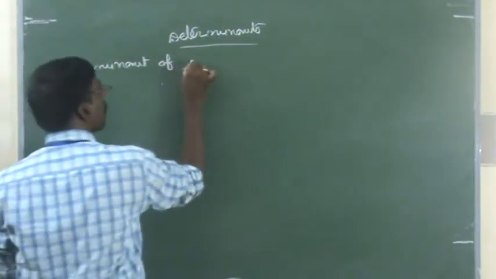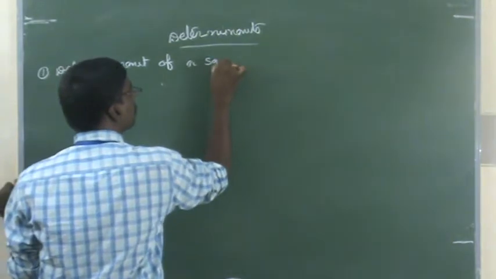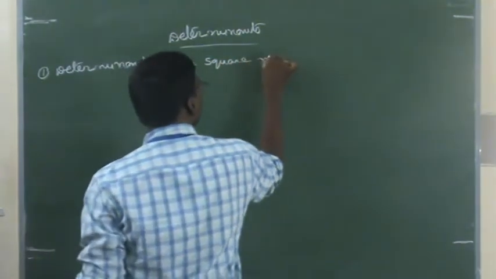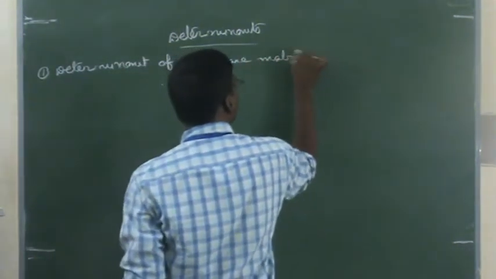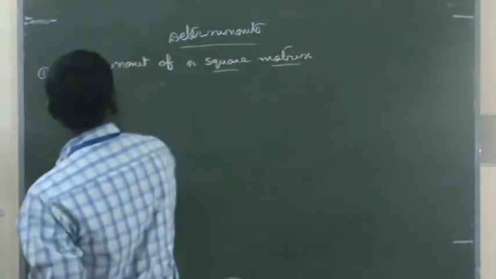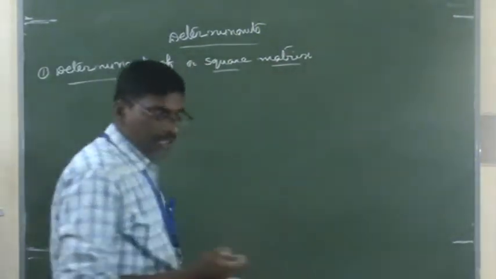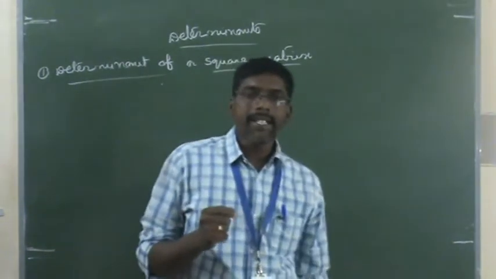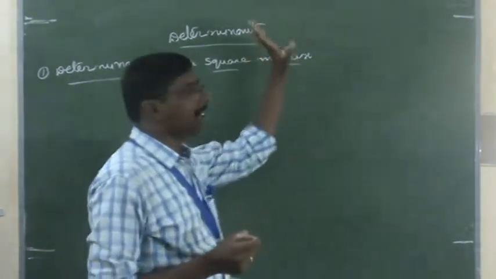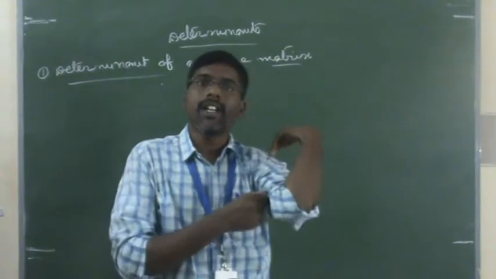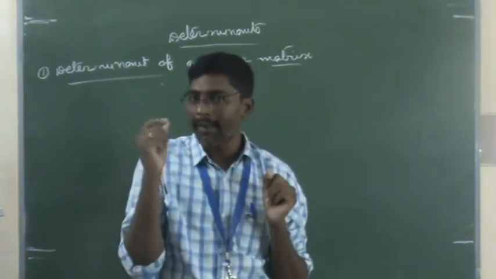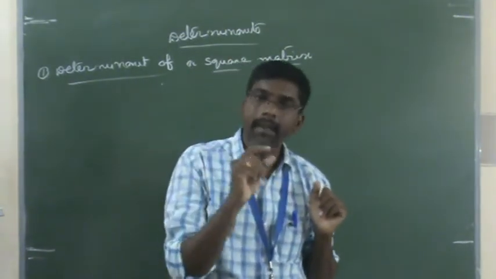Determinant of a square matrix. To calculate the determinant of the given matrix, compulsorily the matrix should be a square matrix.